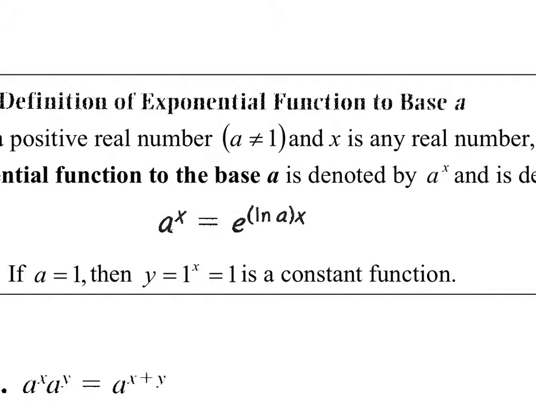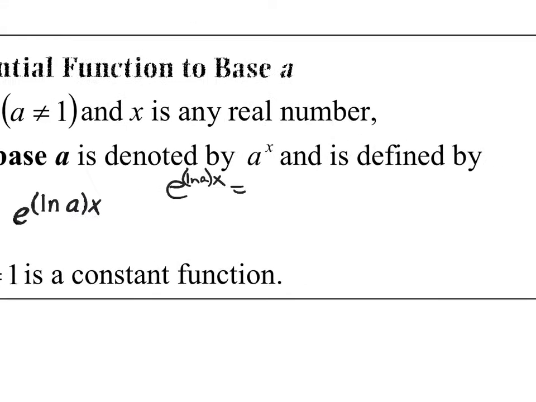Now, how are these equal? Well, let's take a quick look at this, okay? First of all, in the exponent on the right-hand side, I have x times the natural log. Well, you guys know if I'm multiplying the natural log by something, I can take that thing and make it the exponent inside. So I could rewrite e to the ln of a times x as e to the ln of a to the x.